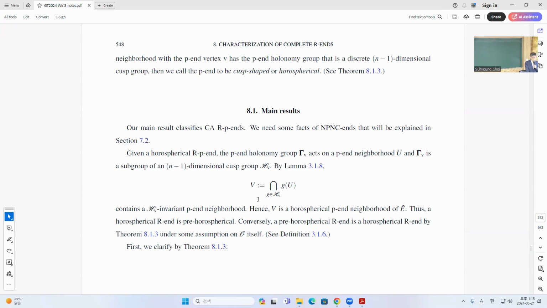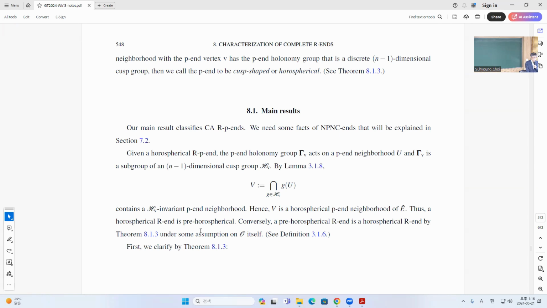So we define the intersection of these. We have some end neighborhoods, but now we want these to be invariant under this cusp group. So we take the intersection of all these, and this is still a non-empty set because these are co-compact here. So there's a co-compact subgroup in the cusp group. We can show that this is not empty by this lemma.